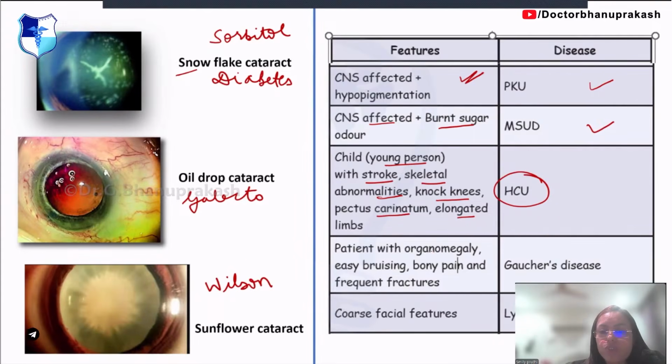If a question is a patient with organomegaly, easy bruising, bony pain, frequent fractures, and if some characteristic features also can be given, then think of Gaucher's disease. Coarse facial features generally means a lysosomal storage disease they're talking of.